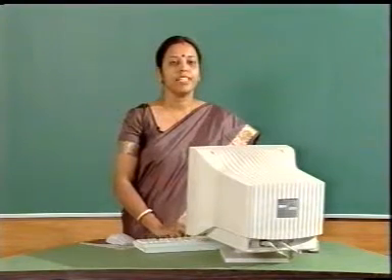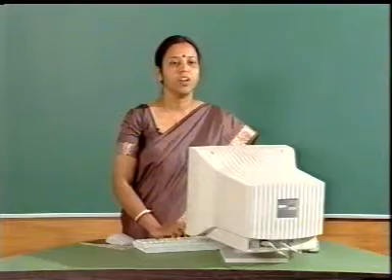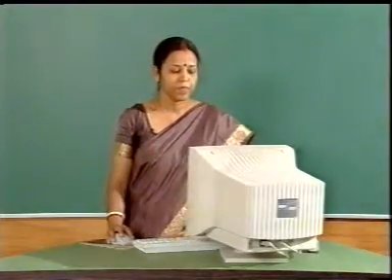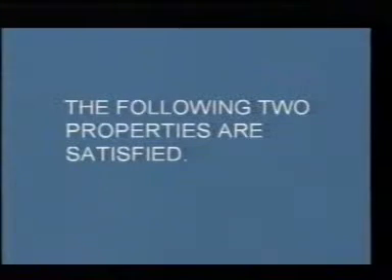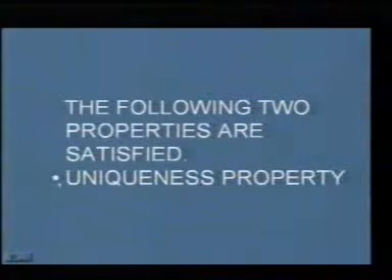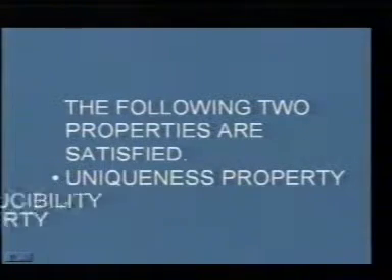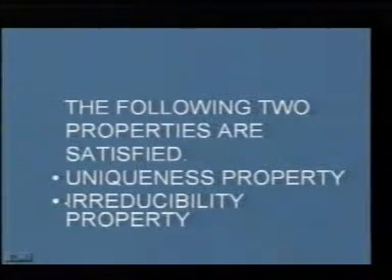First of all, let us see the definition of candidate keys. Let R be a relation, then a candidate key for R is a subset of the set of attributes of R, say K, such that the following two properties are satisfied. The first property is the uniqueness property, and the second property is the irreducibility property.